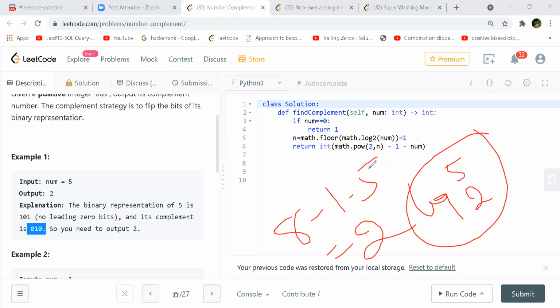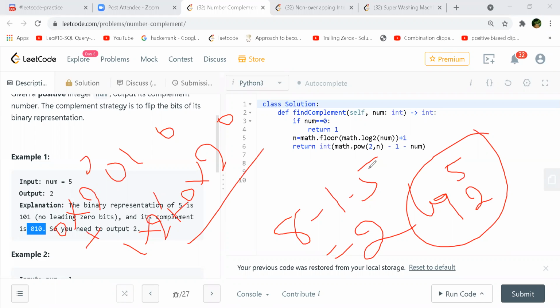Or the normal way: calculate the bits, put them in a string, reverse it, and then follow this approach, like 2 raised to the power 0 into 0, plus 1 into 2 raised to the power 1, plus 0 into 2 raised to the power 2.